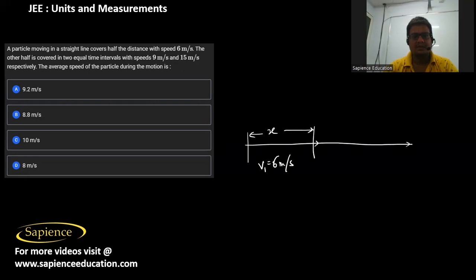This is v1. The other half is covered in two equal intervals with speeds 9 meter per second and 15 meter per second respectively.